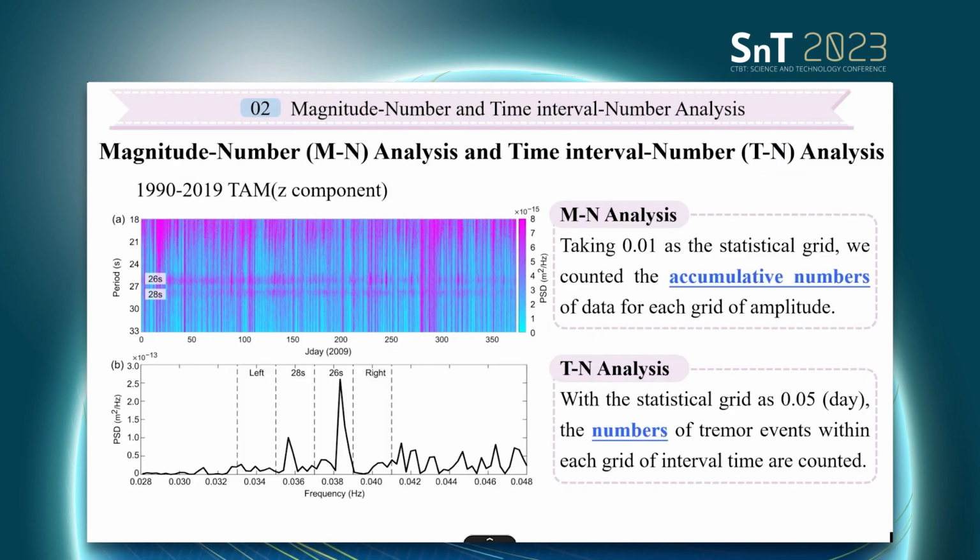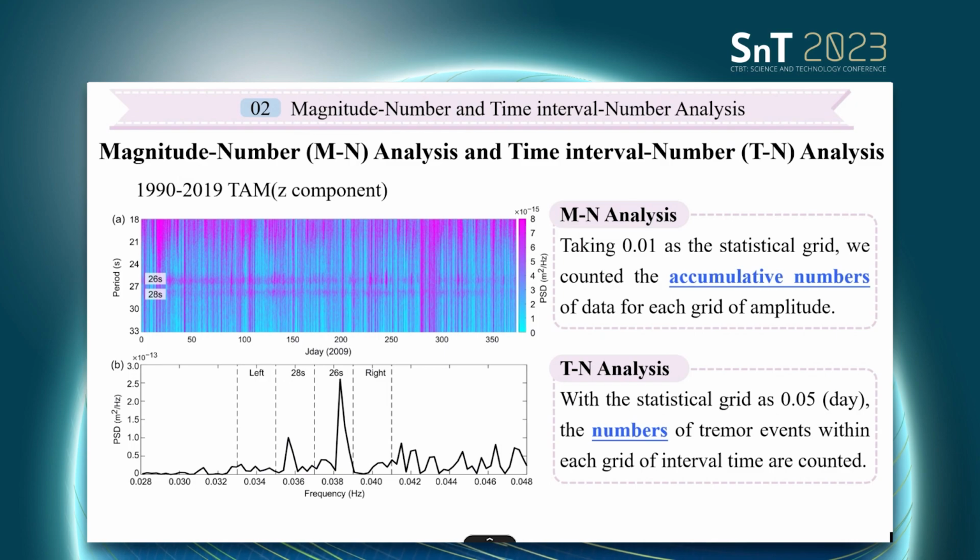Then we did the magnitude number analysis and time interval number analysis on these two signals, for short MN analysis and TN analysis. For MN analysis, taking 0.01 as the statistical grade, we counted the accumulative numbers of data for each grade of amplitude.